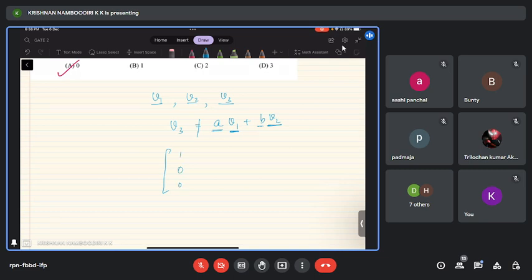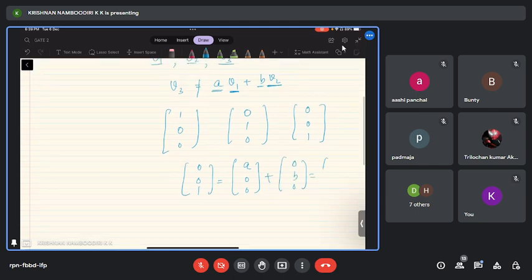Say these are the 3 vectors: 1 0 0, 0 1 0, 0 0 1. Are these 3 vectors linearly independent? Can you write 0 0 1 as a linear combination of these two? That means a times 1 0 0 is a 0 0, plus 0 b 0, so this is equal to a b 0.